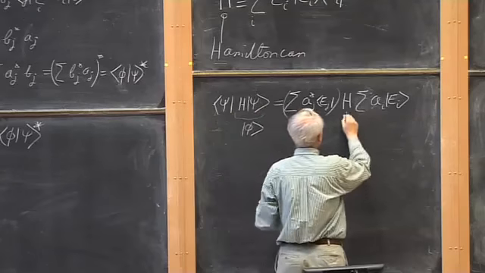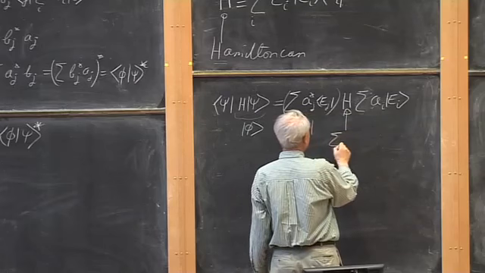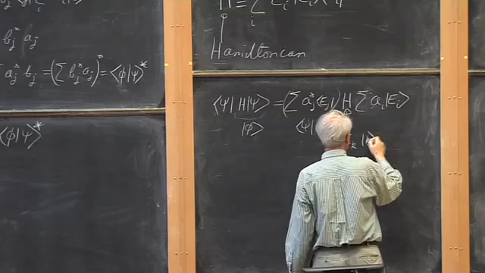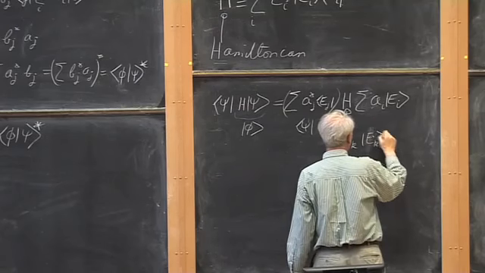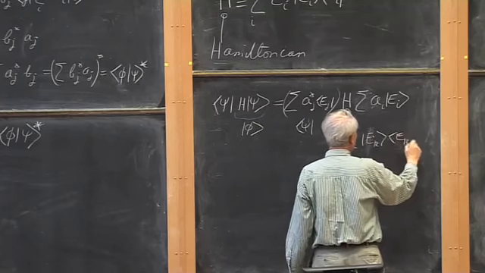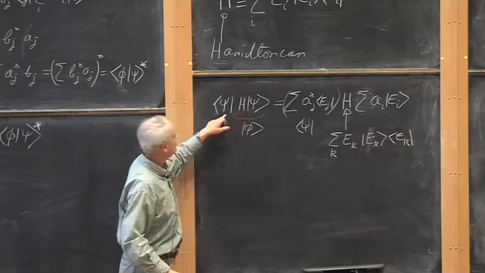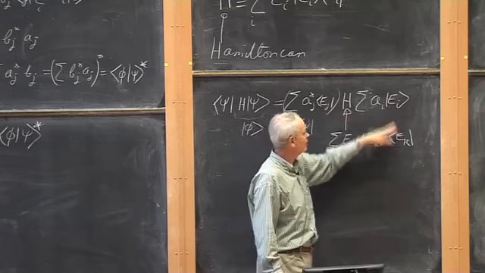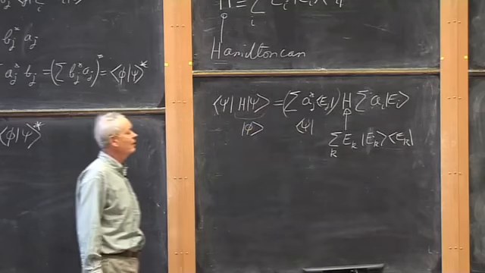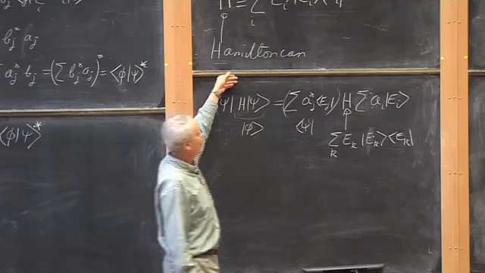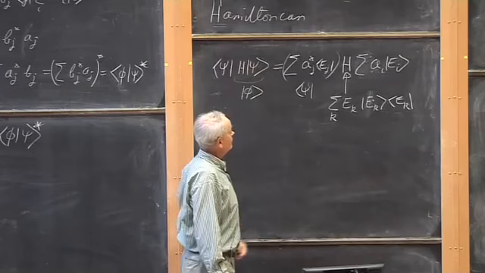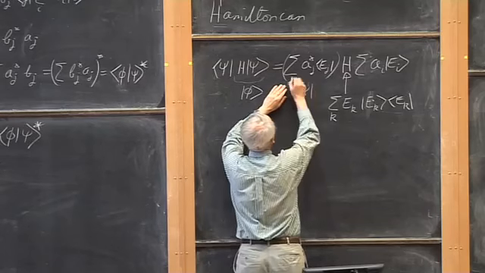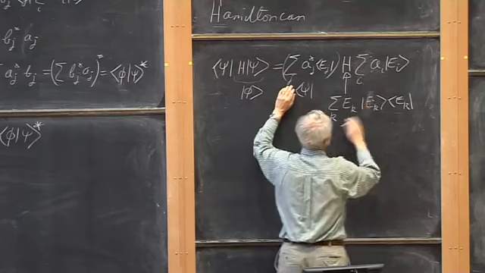And H itself, oh dear, this is getting complicated, is the sum over k of Ek |Ek><Ek|. So every term in this expression here has been expanded in terms of the basis states, the states of well-defined energy, states where measurement of energy is certain to yield a particular result. Now what happens? We're summing over everything. J is being summed over, i is being summed over, and k is summed over.